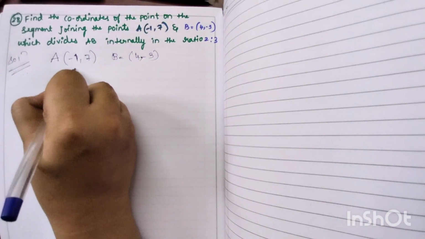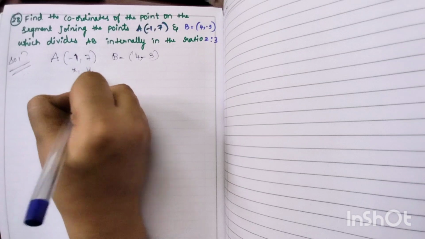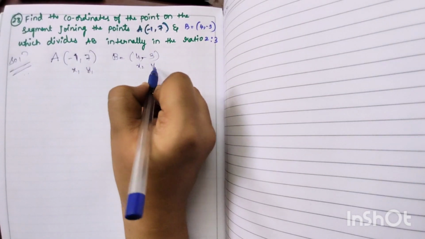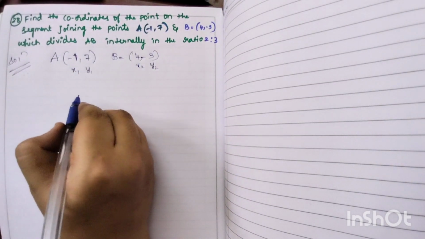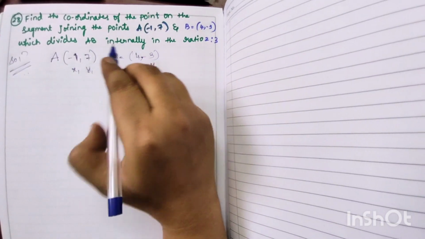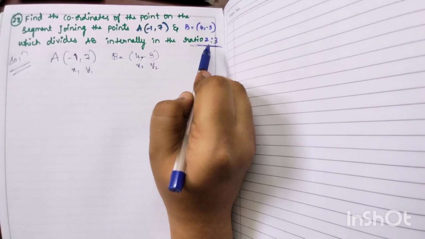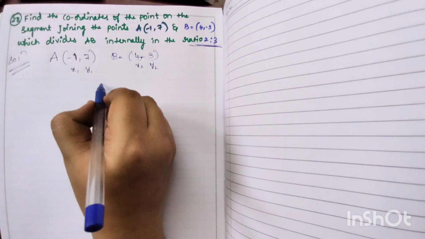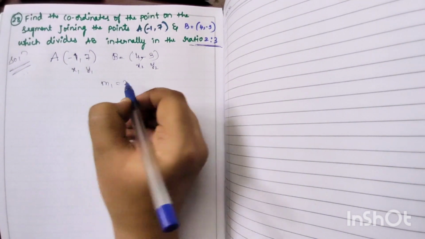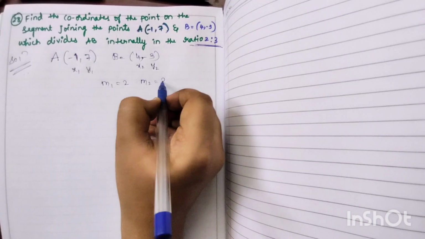So this is nothing but x1, y1, x2, y2. It divides the line AB internally in the ratio 2 is to 3. So that is nothing but m1 is equal to 2, m2 is equal to 3.